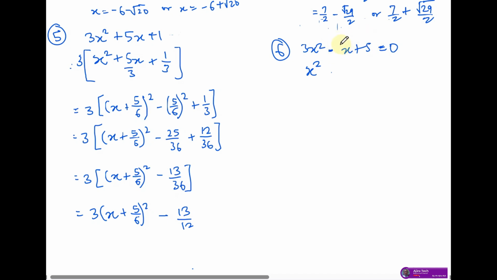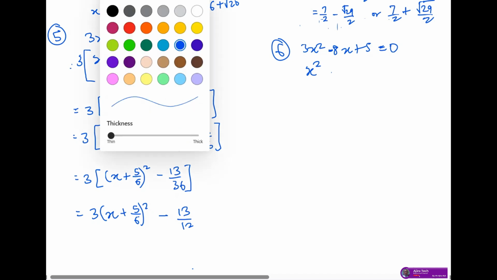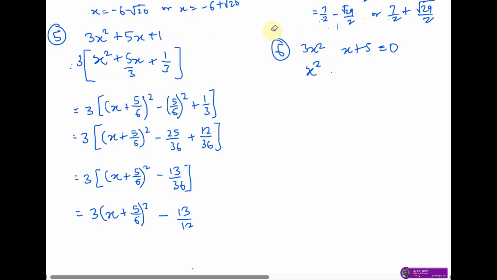Let me just use 11. Negative 11. So this is minus 11 over 3. I'm dividing by 3, isn't it? Divided by 3, all through. x plus 5 over 3 equal to 0 over 3, which is still 0. So because it's an equation, it's convenient to divide it by 3.